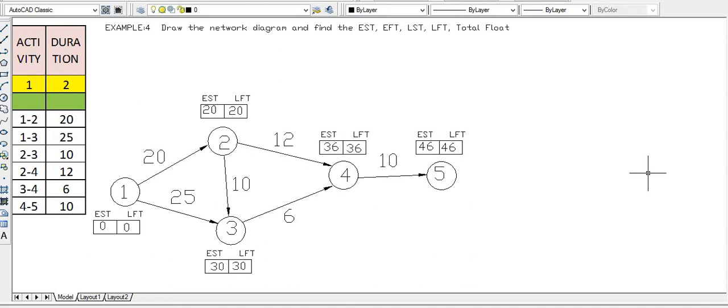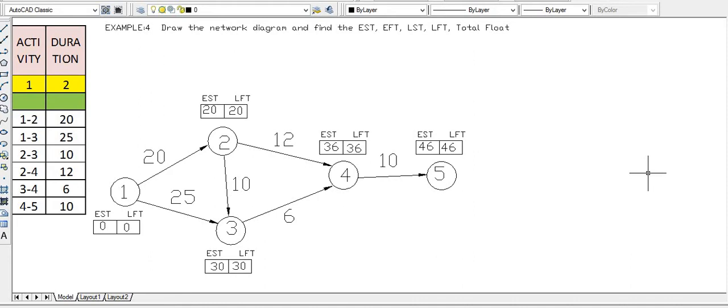So in this way we have calculated earliest start times and latest finish times for the above problem. We have drawn the network diagrams and calculated them from it. It is very, very important: earliest start time is the maximum value and latest finish time is the minimum value.